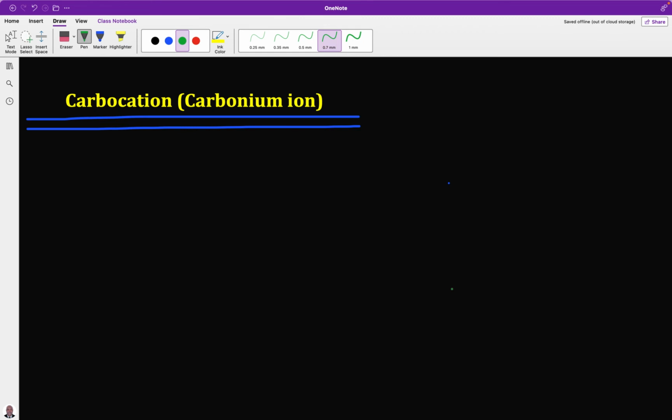So, a carbocation or a carbonium ion is an alkyl group with a single positive charge on one of its carbon atoms.